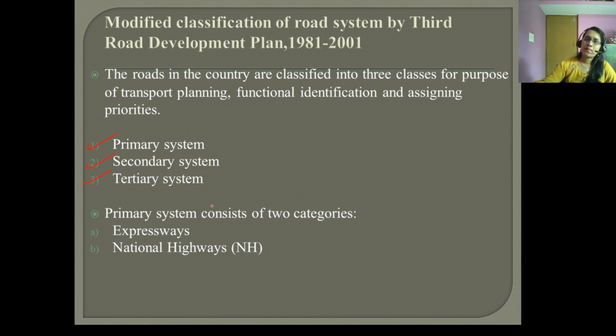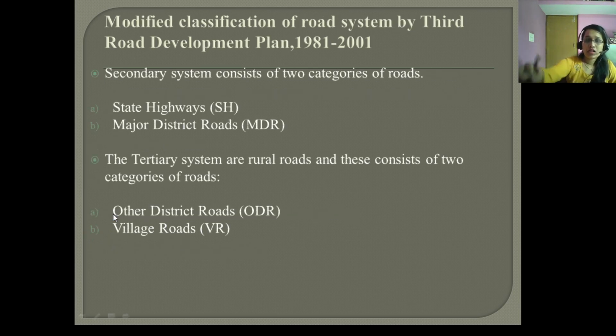Under the primary system, it consists of two categories, that is the expressways and national highways. The secondary system consists of state highways and major district roads. The tertiary system is characterized as ODR, that is the other district roads, and the village roads.